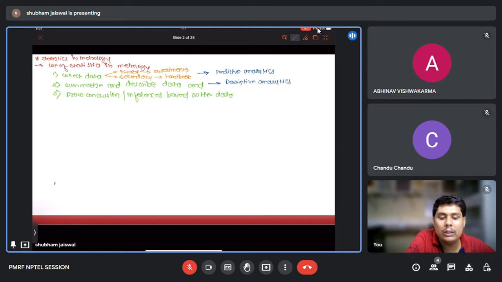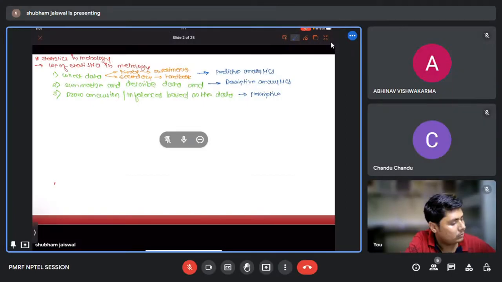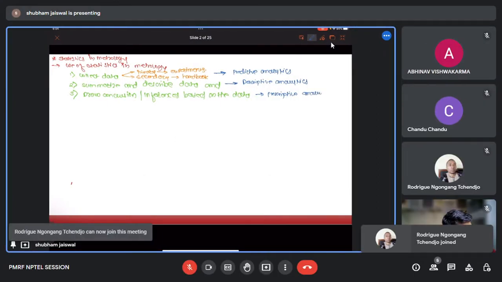So, and the stage of drawing conclusions and inferences from the data is known as prescriptive analysis. Okay. So this we have seen in the introduction part.